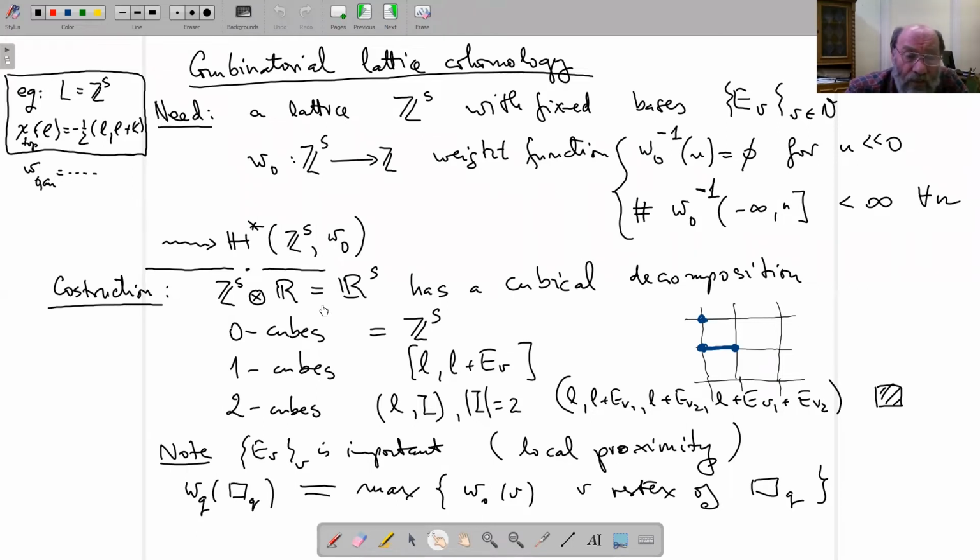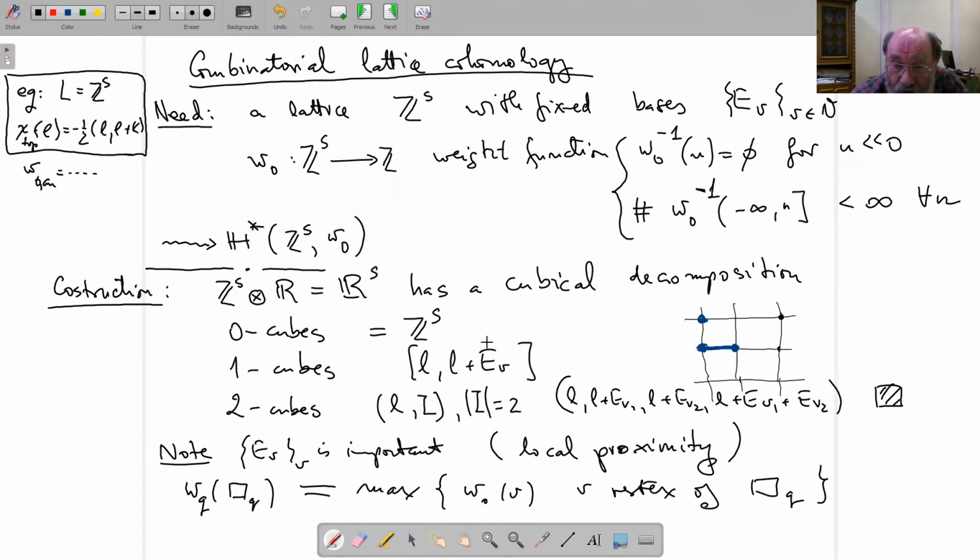So what is the construction? We embed Z^s in R^s as lattice points. In R^s, we consider all the cubes, the cubical decomposition. The 0-cubes are exactly the lattice points, like here. The 1-cubes are exactly the segments.